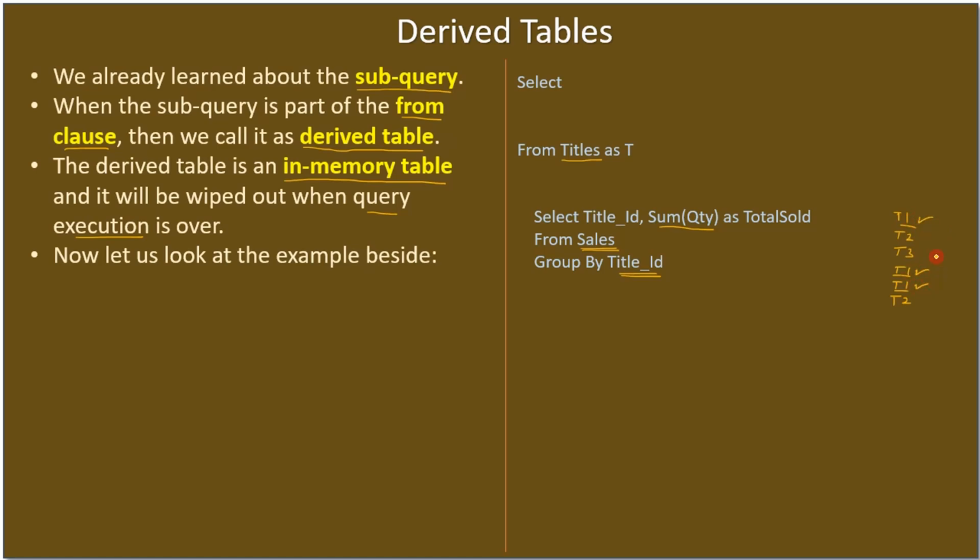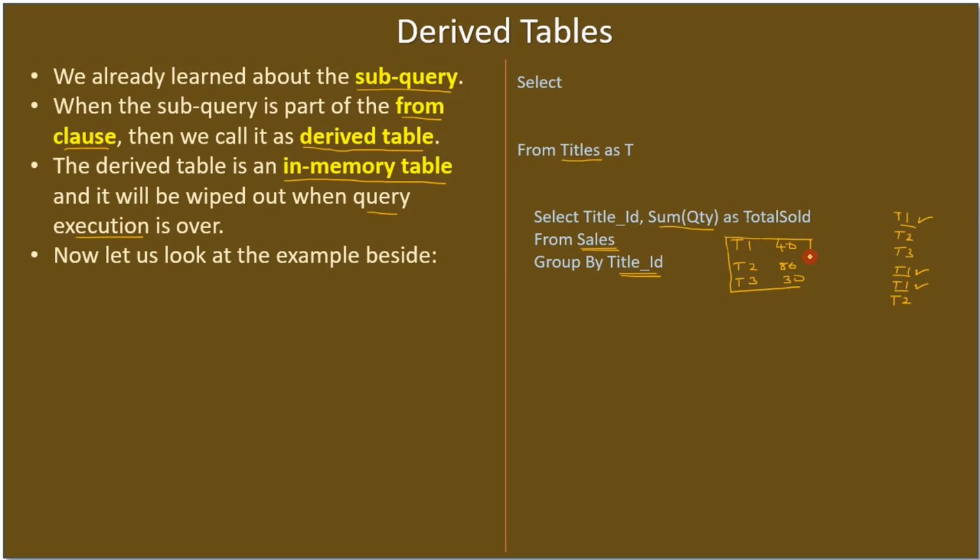We will get the sum of T1, similarly the sum of T2. That's the purpose of this second query. Based on title, we are grouping it, so T1, T2 will appear only once, the title ID is grouped, and we will get the total sales quantity here. So it's simply an aggregate result, right?